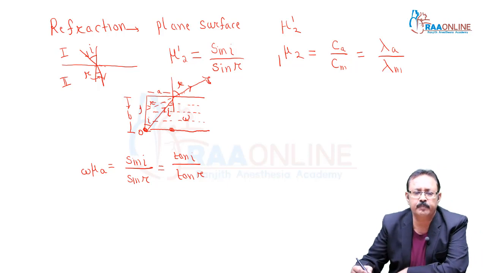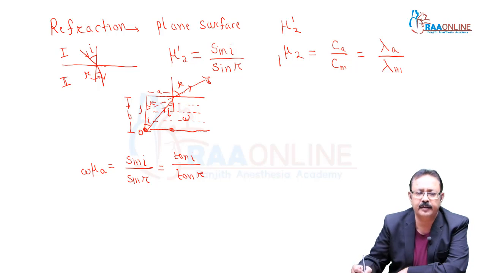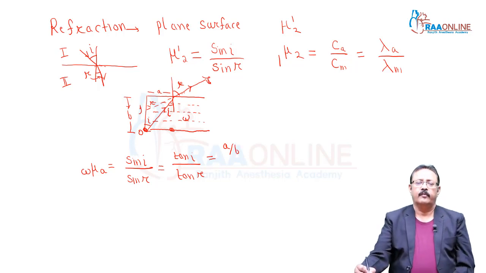Tan I means perpendicular upon base. What is perpendicular? A. Base means B. So A by B. What is tan R?